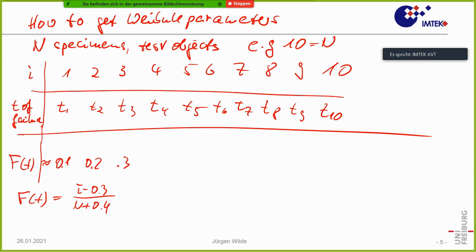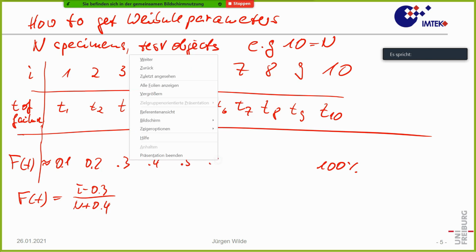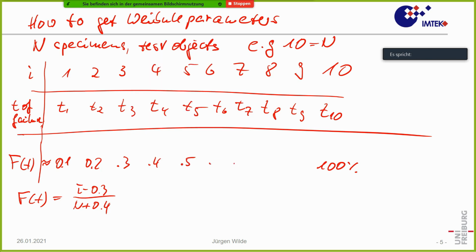That correction must be made according to some statistical reasons, but normally it's only relevant for the first failures, not for the majority of the failures. So here a certain correction is made.